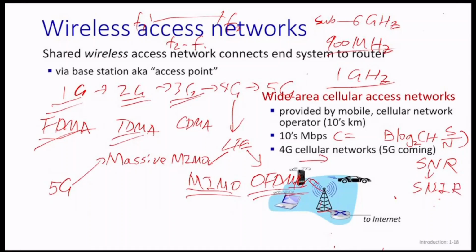Based on this, to increase the speed, the simple thing is to increase B, the bandwidth, from small to larger, and then we can increase the internet speed. Based on this idea, for 5G, or in the future 6G, we use larger bandwidth and higher frequency.